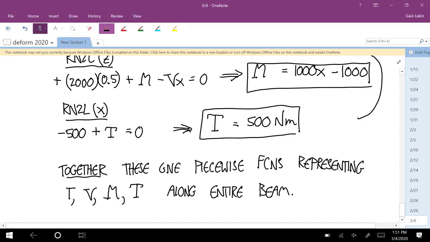If you plot those as functions of x, you can easily see where they're at maximums and minimums and stuff like that. See where you're concerned about this beam breaking, where you want to do some kind of stress analysis.